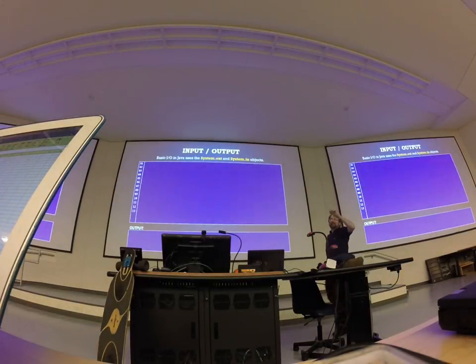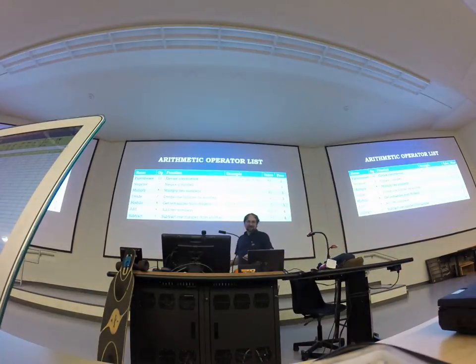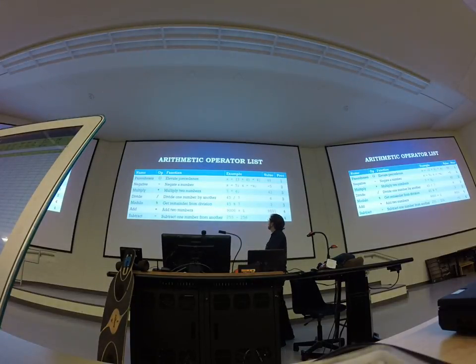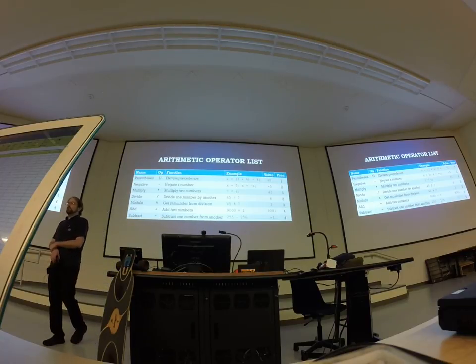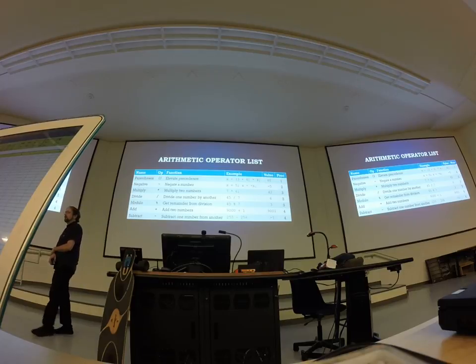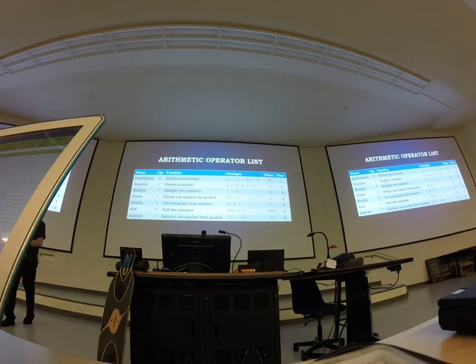Okay, anybody? Yes? So back on the other slide, when you said that for dividing 45 divided by 7, it would give us 6. Why would it give us 6? Well, it gives you 6 because it gives you the division without the remainder. So if you actually do this division, it'll give you 6 point something, right? But when you do division with integers in computers, they will only give you integers back.